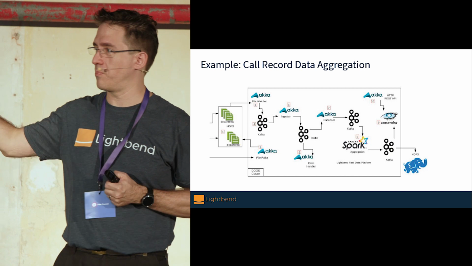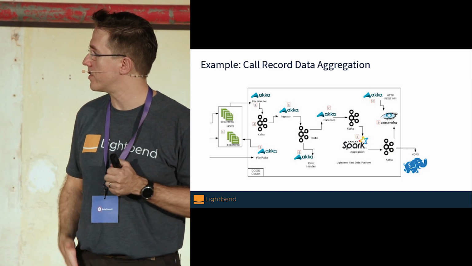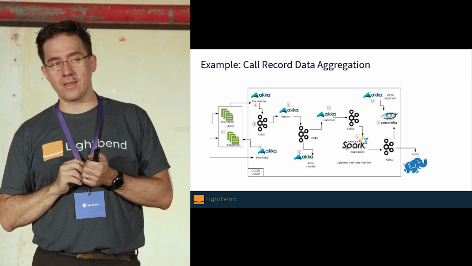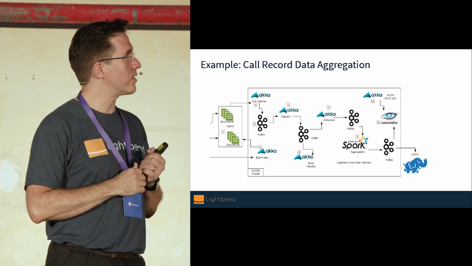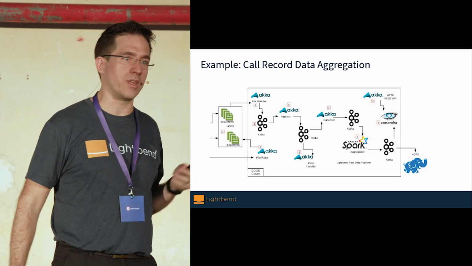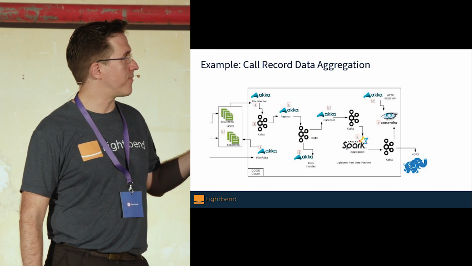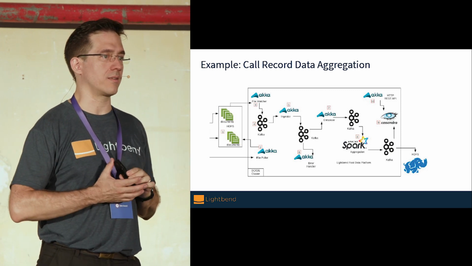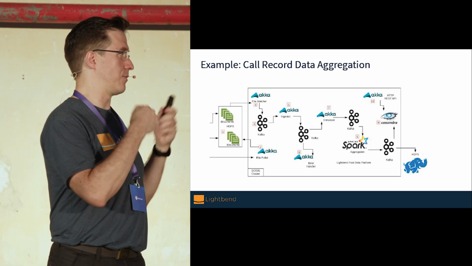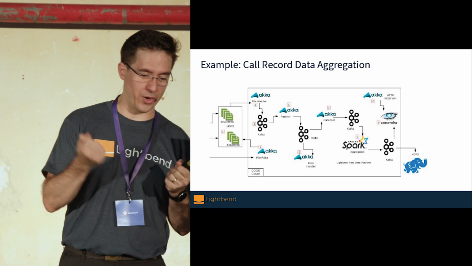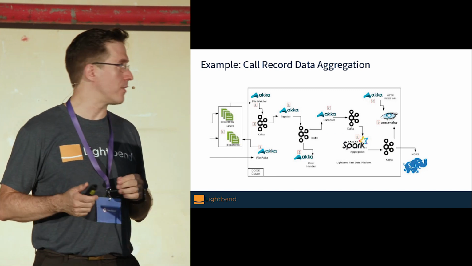This is inspired by real life. One of our customers created this application actually by hand at the beginning to process call data records. So this is a telecommunications operator. They have data coming from the field, actually from the masts or the antennas out there, reporting the connectivity of cell phones.